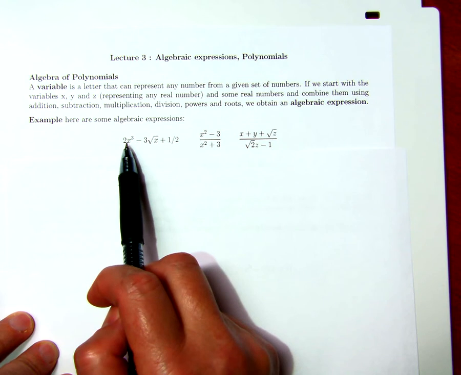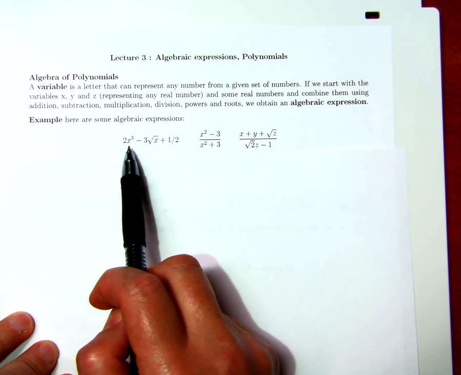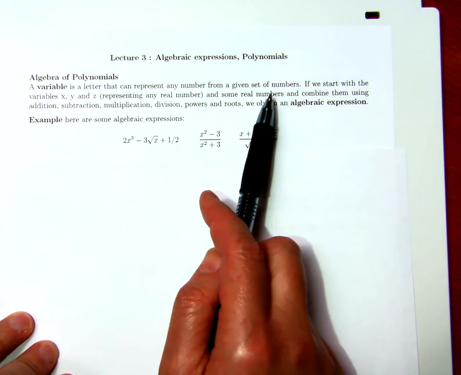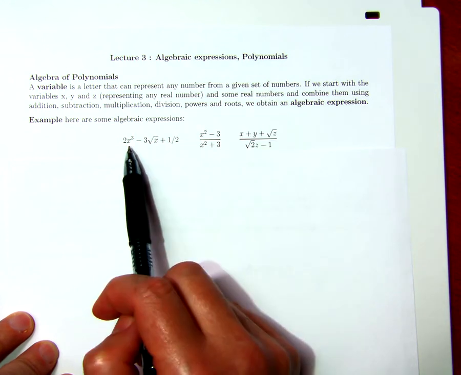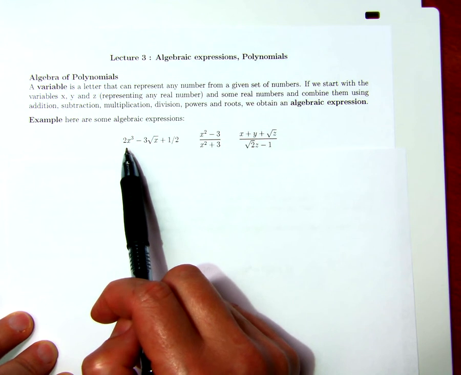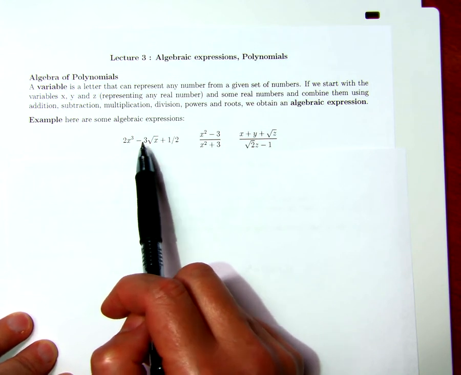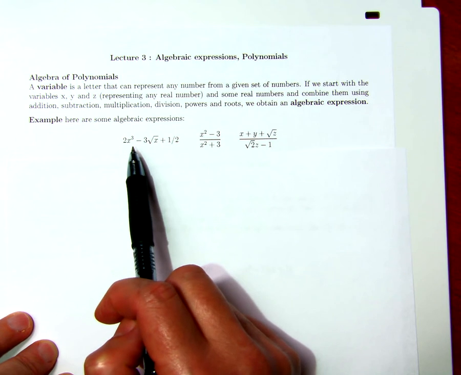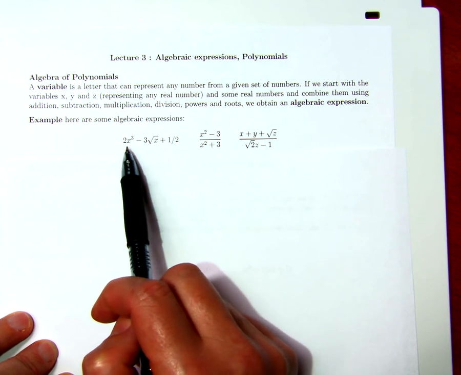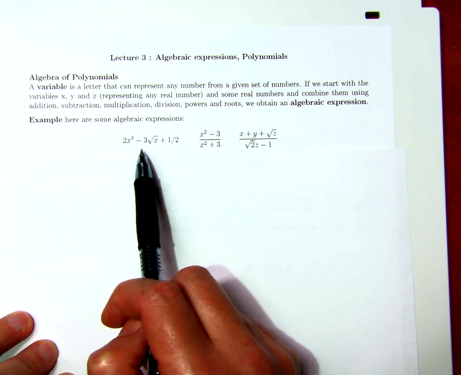And x here serves as a placeholder for any real number, so any number in the set of real numbers, or it might just be serving as a placeholder for any x in the set of rational numbers. So we pick some particular set, and the values of x could vary over that entire set.